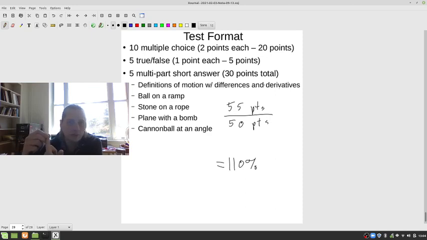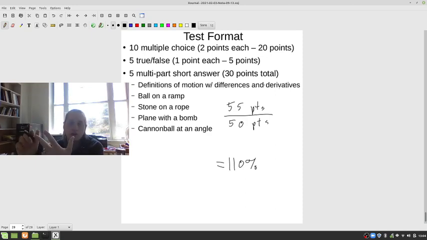Then I have a problem where you roll a ball up a ramp. I give you the speed of the ball partway up the ramp and how much time it takes the ball to get to the top. I have you find the acceleration. I have you find out how far the ball rolled up the ramp.